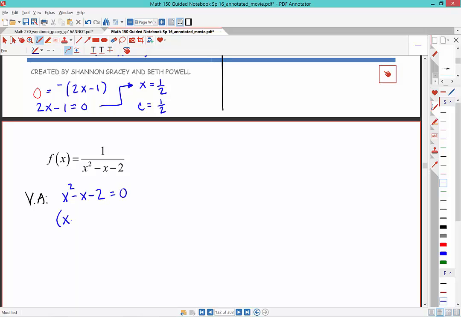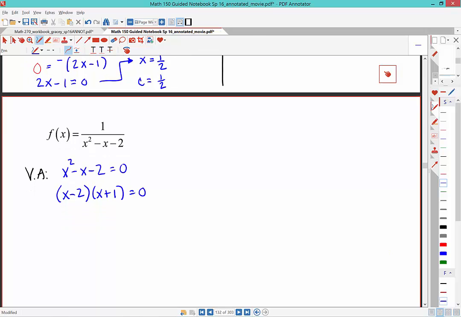And this factors as x minus 2 times x plus 1, and set that equal to 0. We'll have x minus 2 is 0, or x plus 1 is 0. So x is 2, or x is negative 1. And those are the vertical asymptotes.